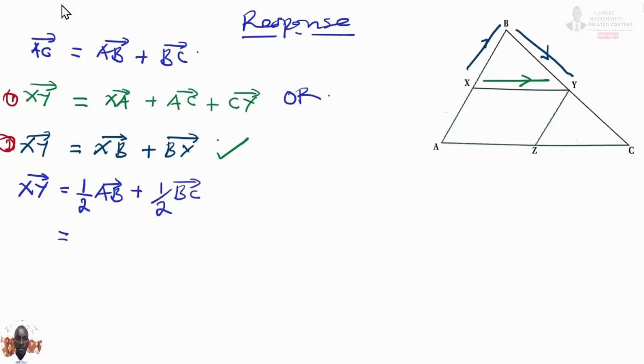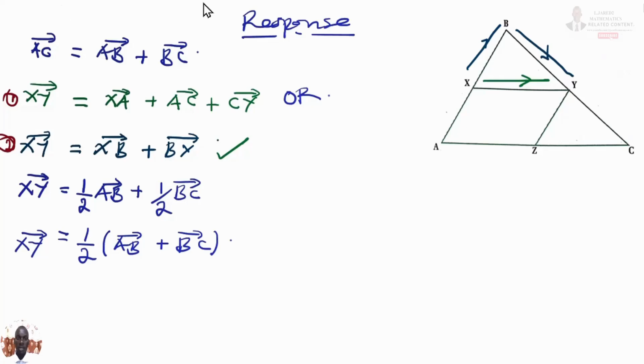If I simplify this, I can see a half is common. Let me pull it out, I'm going to have the vector AB plus the vector BC under the brackets, implying that vector XY simply equals half of vector AB plus vector BC.